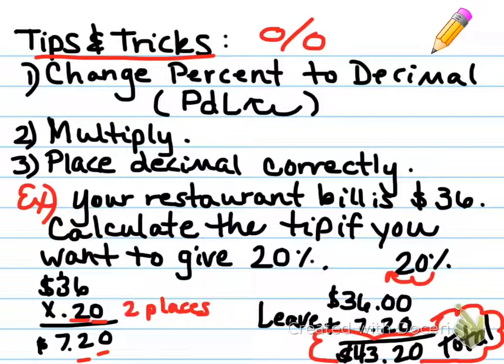I need the cents place. So when I multiply this out, I need to leave a tip of $7.20. That means the total would be $36 plus the tip of $7.20. So the total that I would need to leave is $43.20.